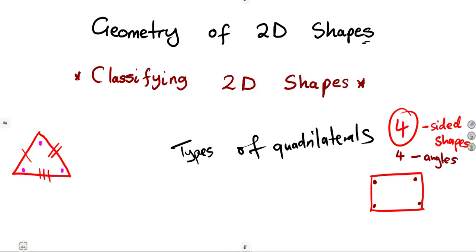So in this case, as we are to consider our quadrilaterals, which are four-sided shapes, there are also types. Just like triangles, you had types or how to classify the shapes that you're given as quadrilaterals.